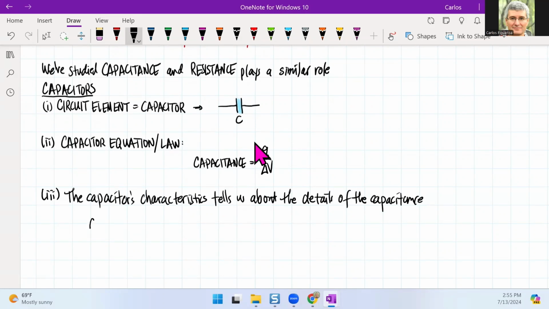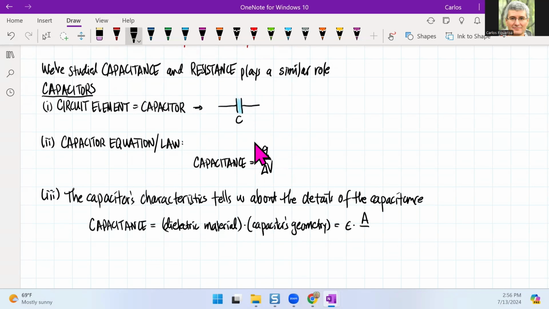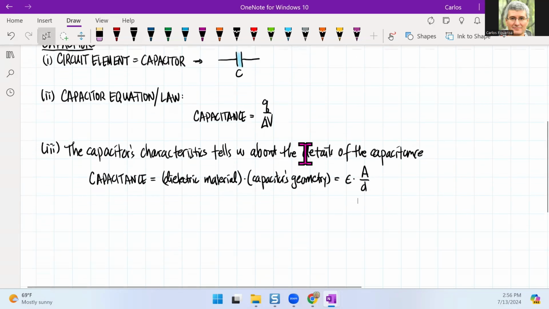So if I have a capacitance, that depends on the dielectric material inside the capacitor, and it also tells us about the capacitor's geometry. So when we put that all together here, we had the permittivity constant times the geometry, which is about the area and the plate separation.